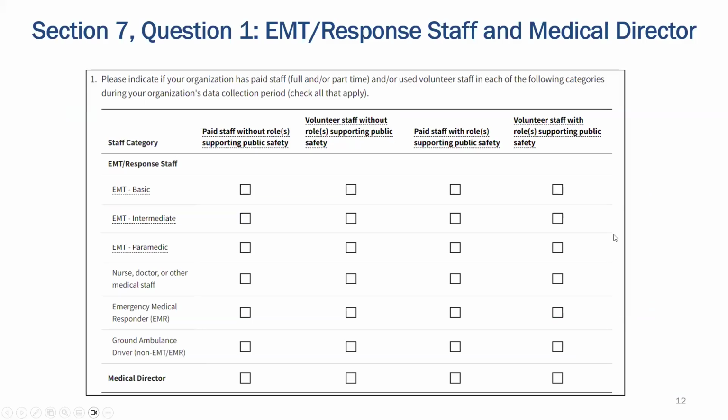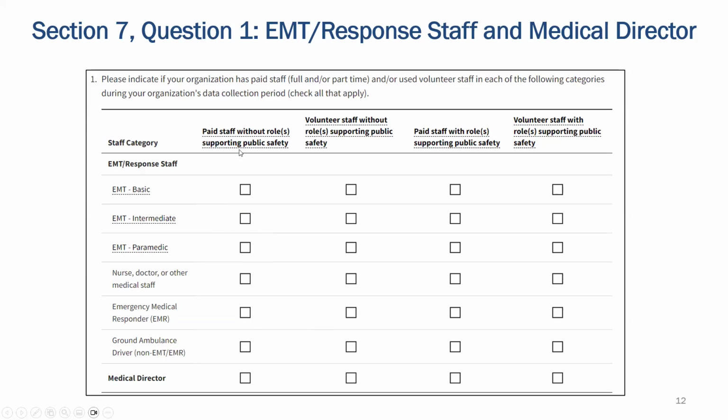So here's that first question that provides the check boxes for your organization. All of the different rows here for EMT and response staff cover different levels and types of staff. And the columns here represent some different scenarios.